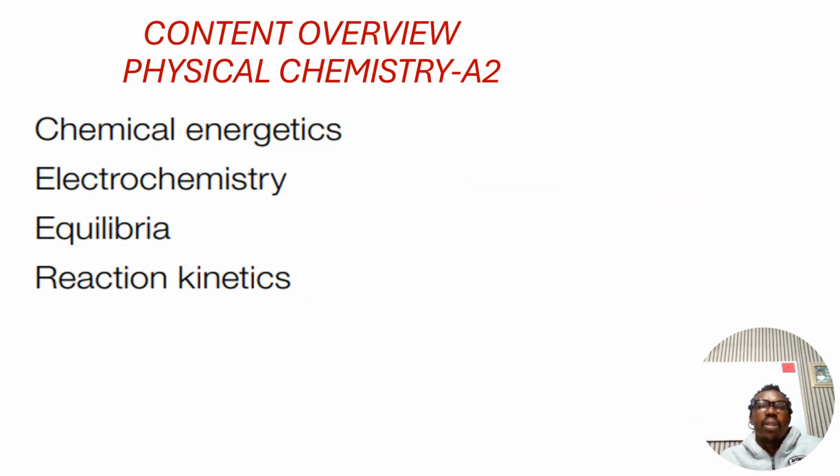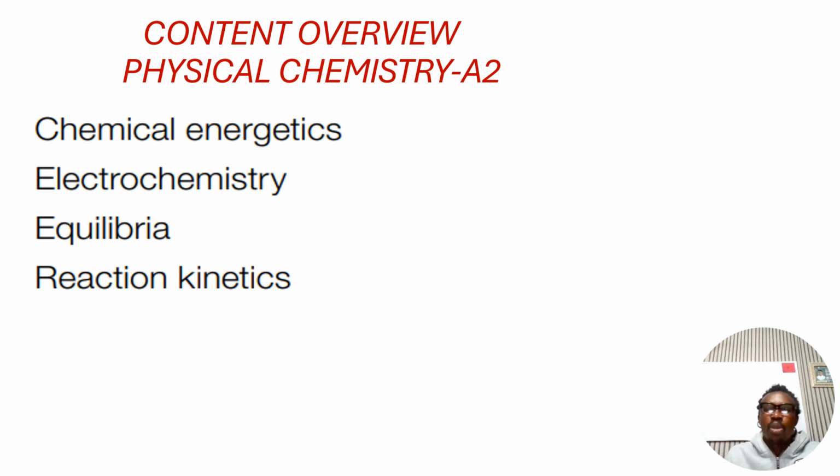I want to look at the content overview for specifically A2 chemistry, because this video is meant for A2, those that are coming back for A2. For the content overview, we will have physical chemistry. We'll be talking about chemical energetics, electrochemistry, equilibrium, and reaction kinetics. Under chemical energetics, we'll talk about enthalpy.